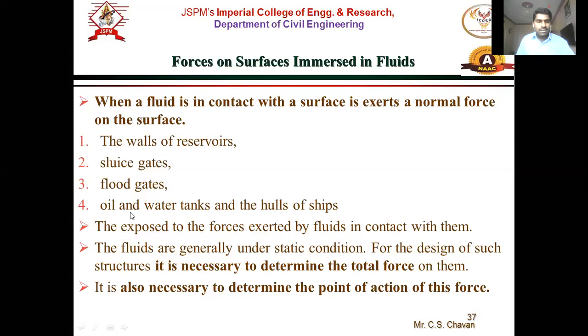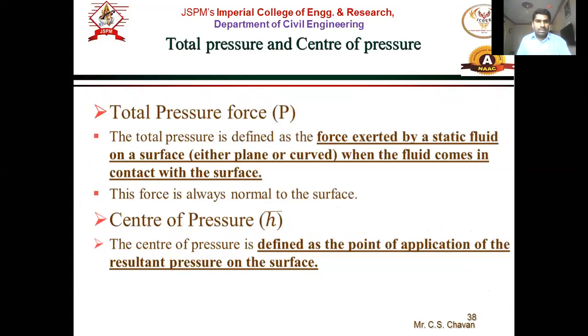And then there are oil tanks or water tanks, right? Therefore, to design these tanks, again we require fluid static problems. So these are the four different types of applications to determine the total pressure and the center of pressure. Now, the exact definition of the total pressure.